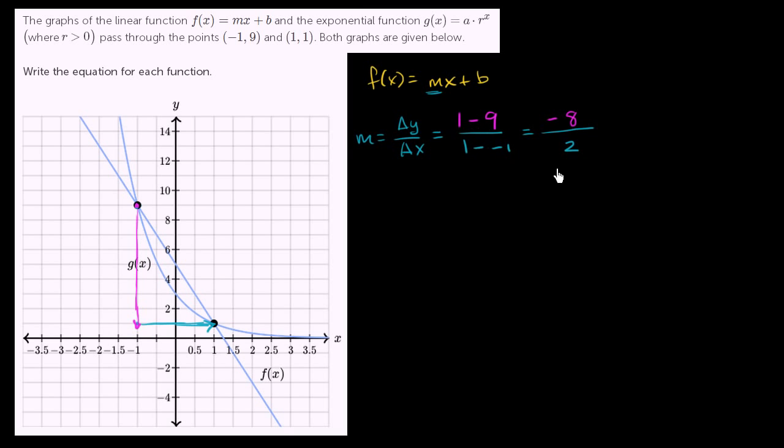And so we just took the differences. We get negative 8 over 2, which is equal to negative 4. And so now we can write that f of x is equal to negative 4, that's our slope, times x, negative 4 times x plus b.